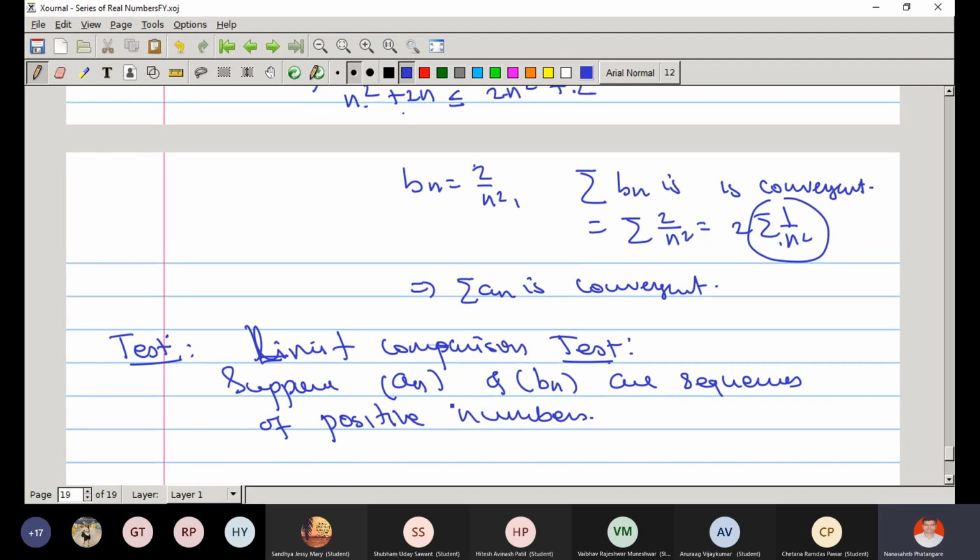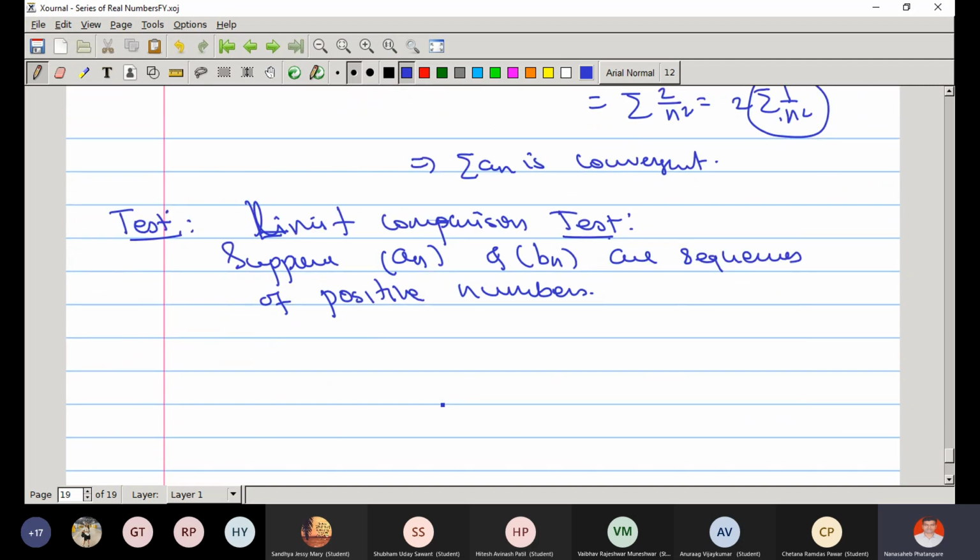Right, so I am assuming positive numbers. When I have a sequence, if I add all the terms, that becomes a series, right? Let L is equal to the limit of an upon bn. Right. Now, do you understand what I mean by an upon bn?